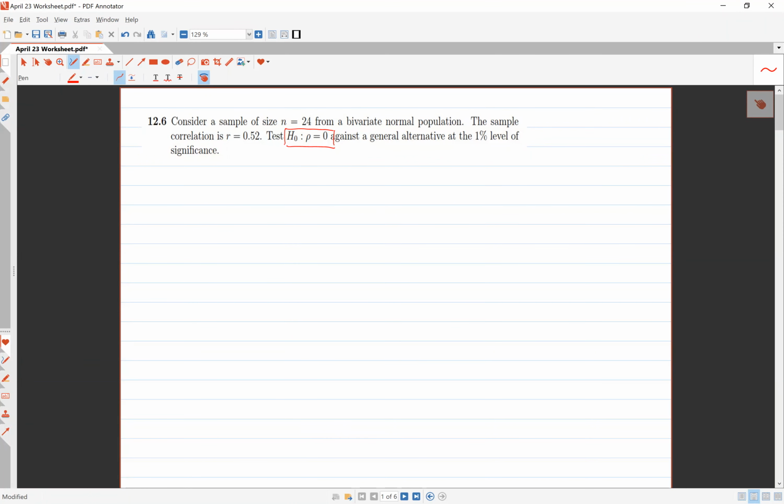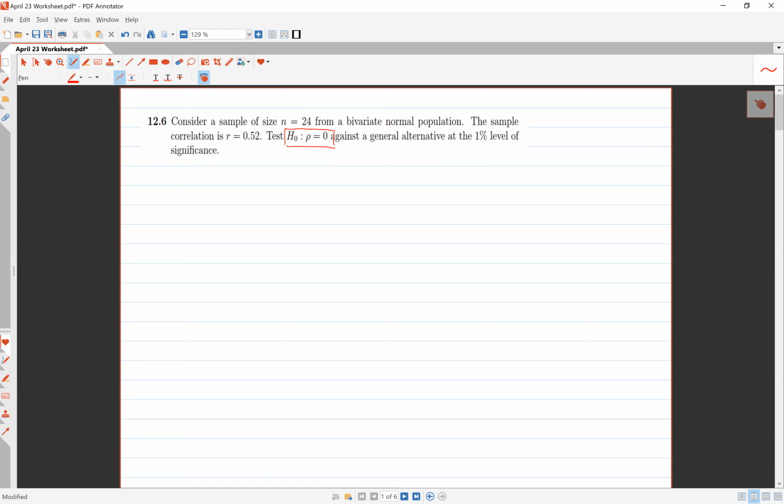So we have a sample of size 24 from a bivariate normal population. For that sample, we observe a correlation of 0.52, and we want to test whether the sample evidence is still consistent with the population correlation being equal to 0 at the 1% level of significance.